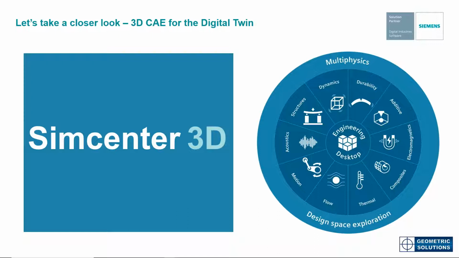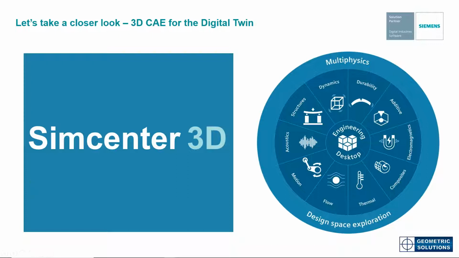Now, we'll have some future webinars where we'll talk about using thermal or flow or acoustics. The list goes on and on. But the key here is that with one tool, Simcenter 3D, we have the ability to do everything you see on this wheel. And we can do it at the same time with a multi-physics environment, and also we can do some design space exploration.